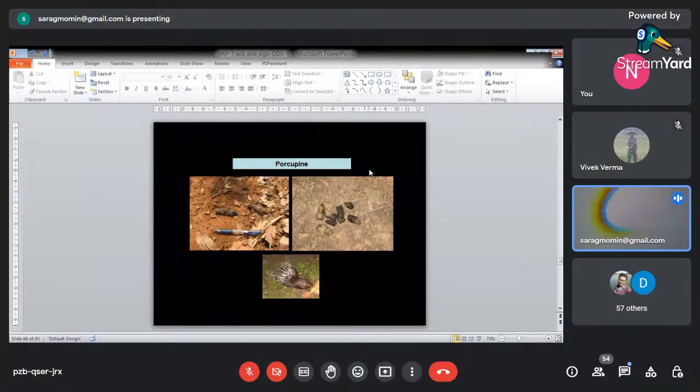If light falls on it, it reflects. So, seeing their size, shape and quality, you can easily identify that this scat belongs to porcupine.